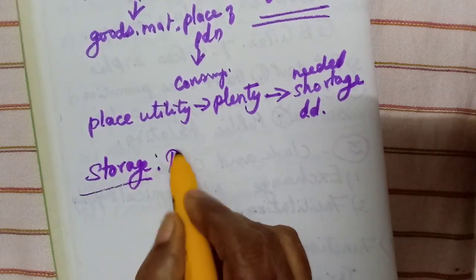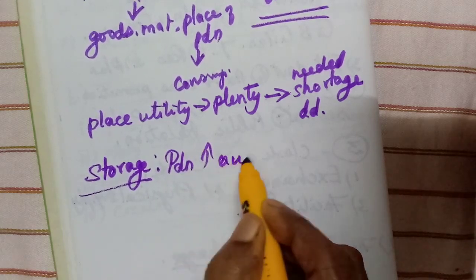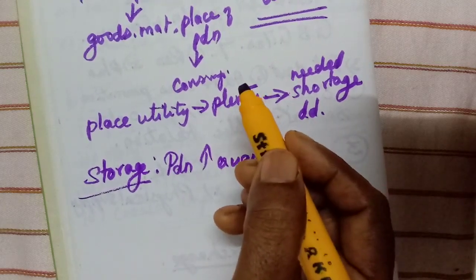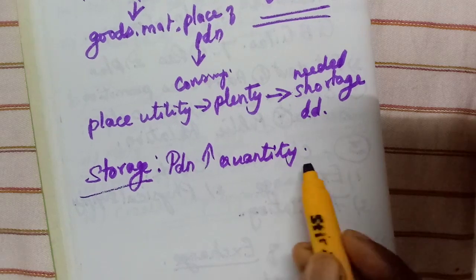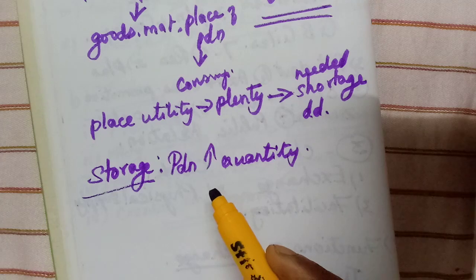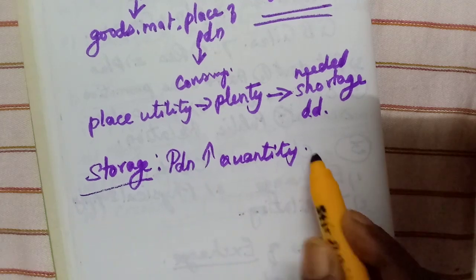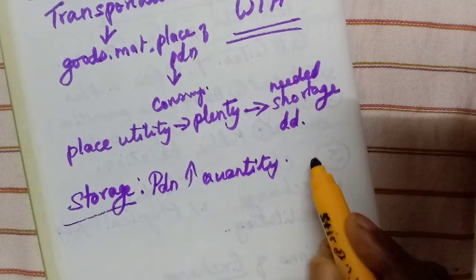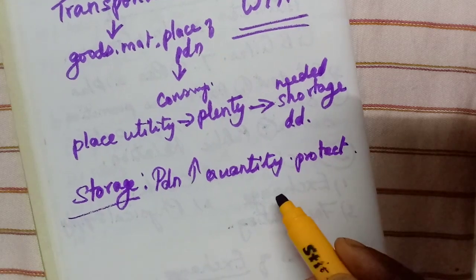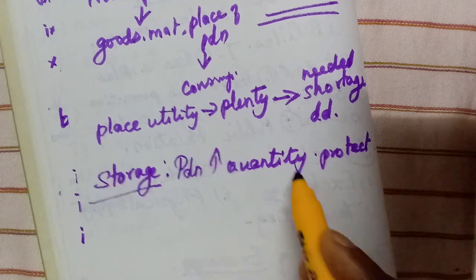Sometimes the production may be in large quantity, isn't it? The quantity will be more. They cannot sell all the products at the time of production. So they have to store these commodities in safe places in order to protect them against any damage, spoilage, or leakage, whatever it may be.